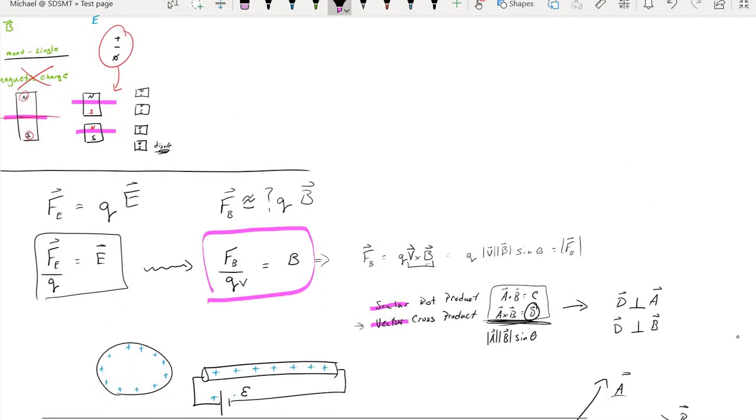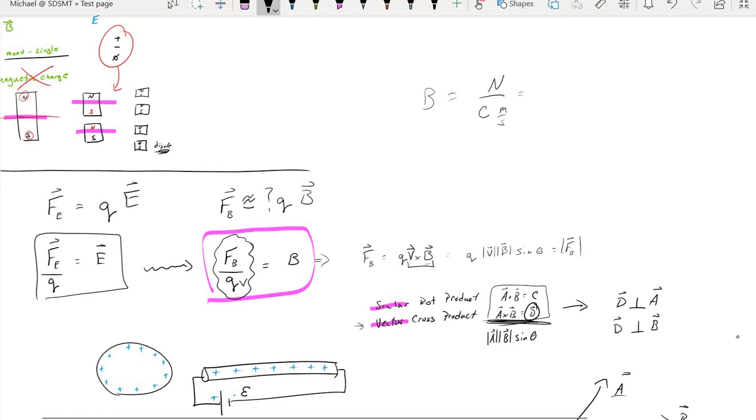Let's take the expression that we have right here. We can put the units together by combining the units of all the other terms that we have over there. Force is in newtons, charge is in coulombs, and then we have velocity in meters per second.